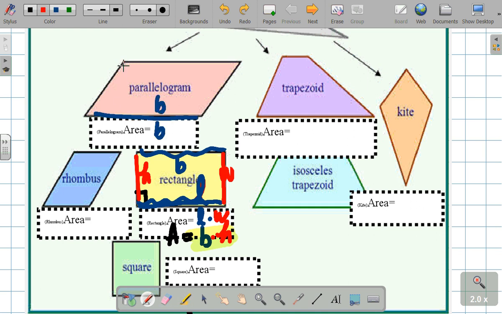Your height is always at a right angle, or drop it down on the outside. Your height always creates a right angle. Wherever you see an inch, there is a right angle.